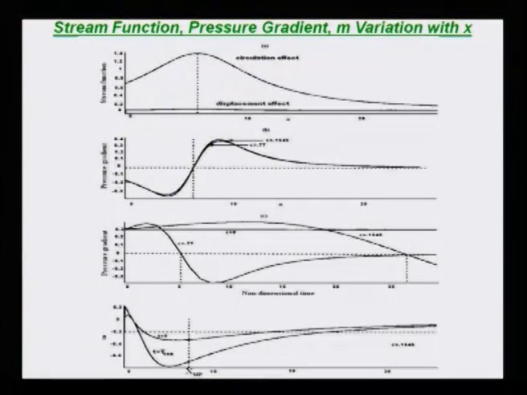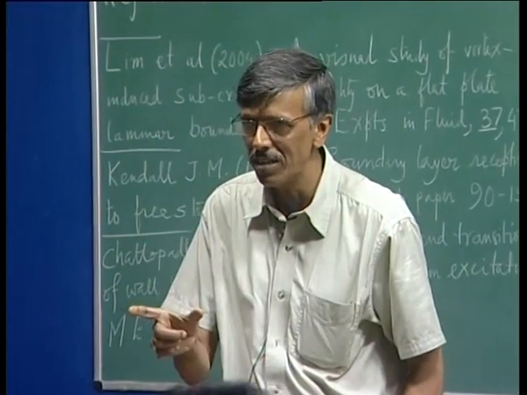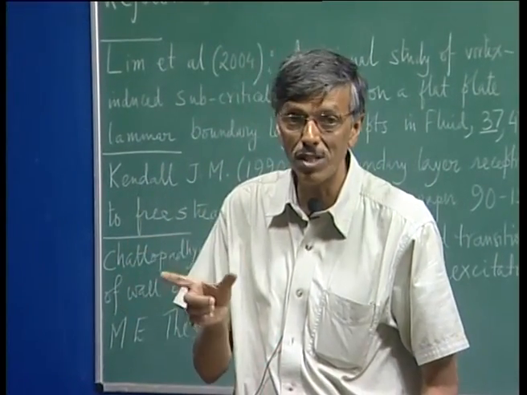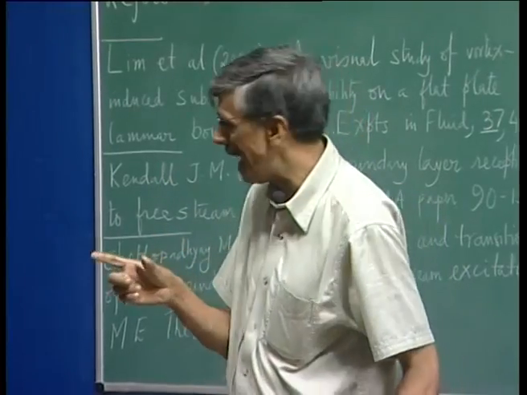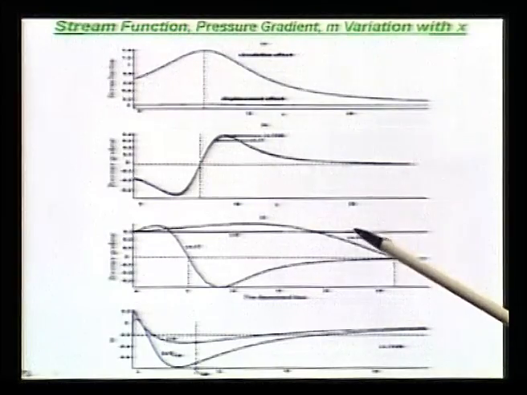So, it does not show that much receptivity. So, it is not only important that you must have an adverse pressure gradient, but it should also act over an appreciable period of time. That is an important issue to look at.